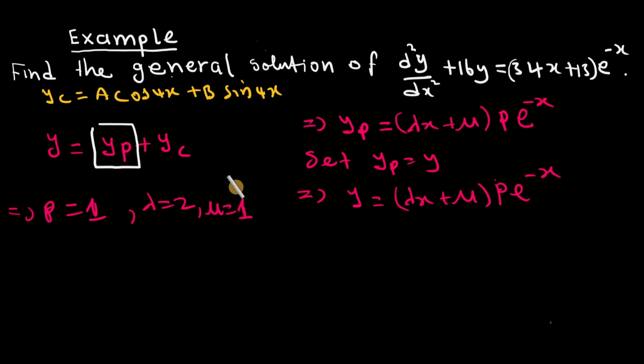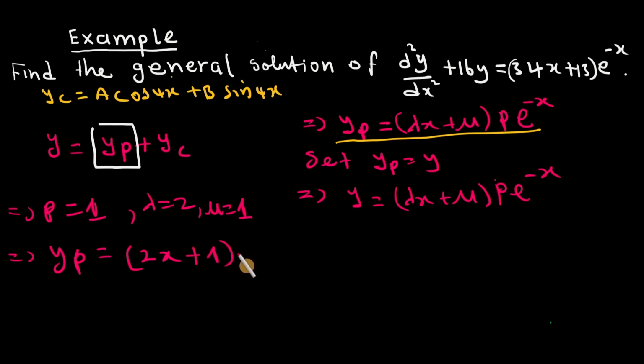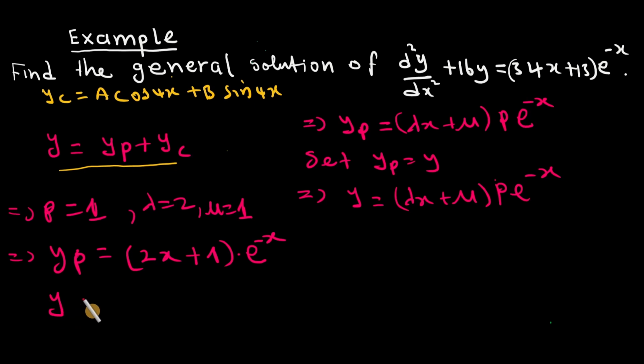Substituting these constants in this equation, it means yp will be equal to 2x plus 1 times 1 times e to the negative x, which is the particular integral of this differential equation. Now it means the general solution of the differential equation in this form will be y equals yp plus yc.